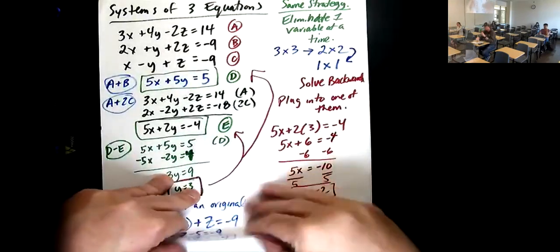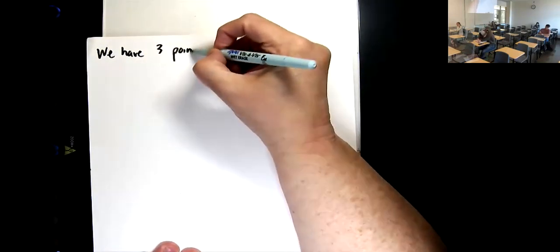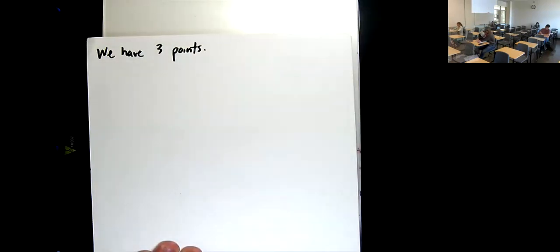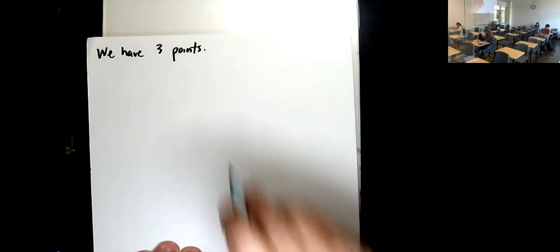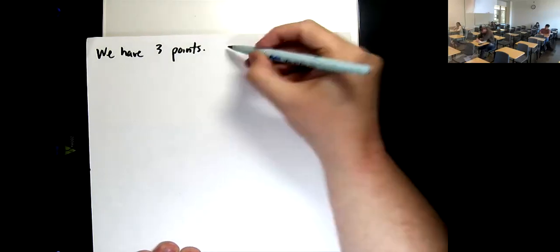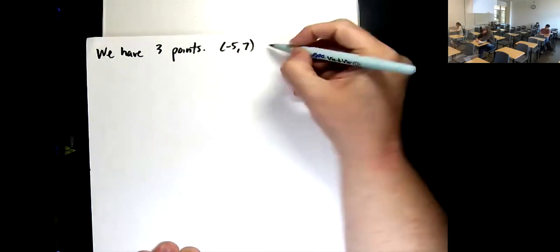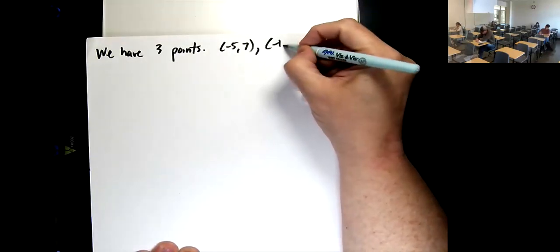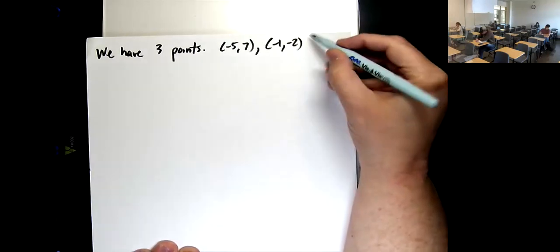Good. All right, so where could we do something like this without going into calc 3? Let's say we have 3 points. I have the point -5, 7. I have the point -1, -2. And I have the point 3, 5.